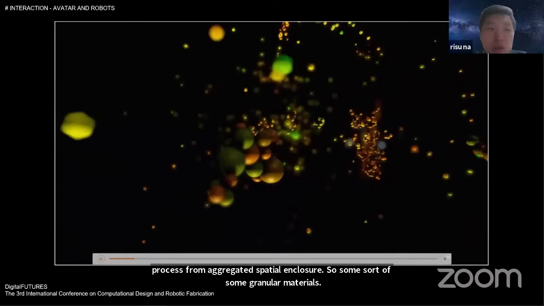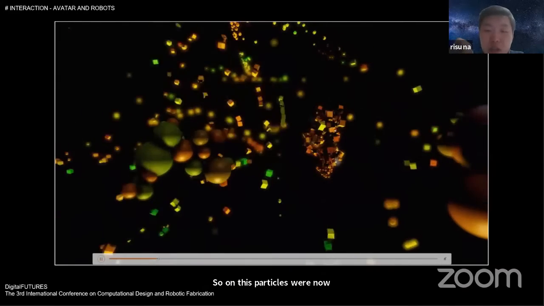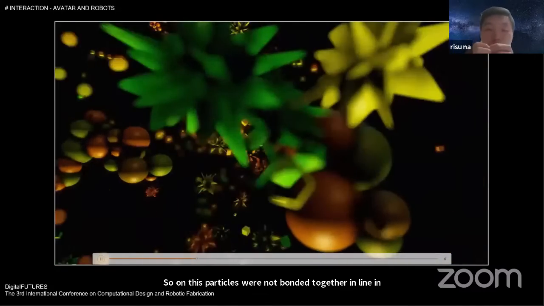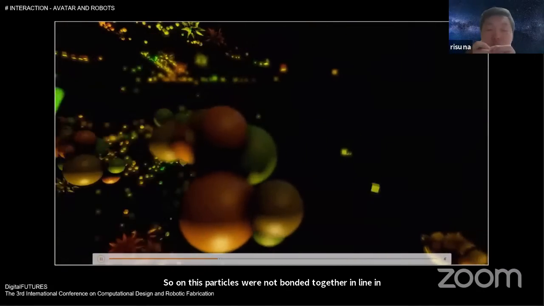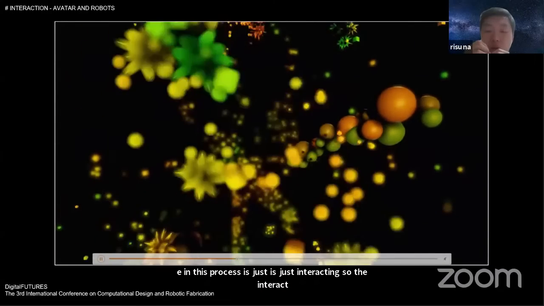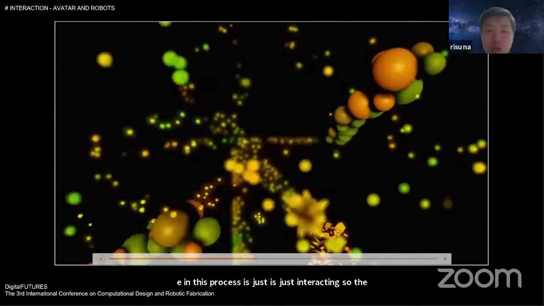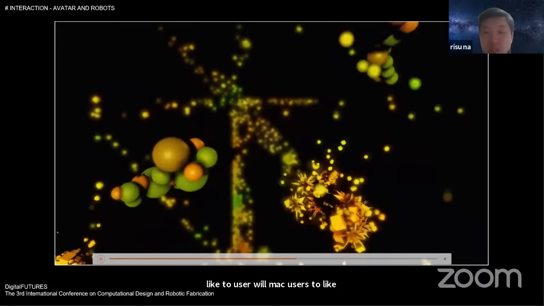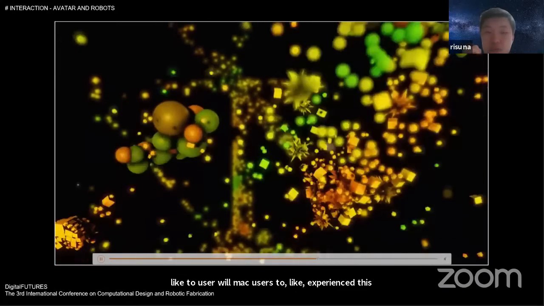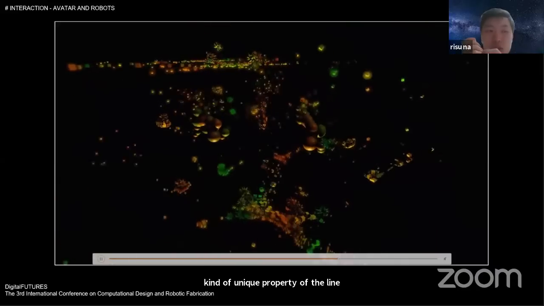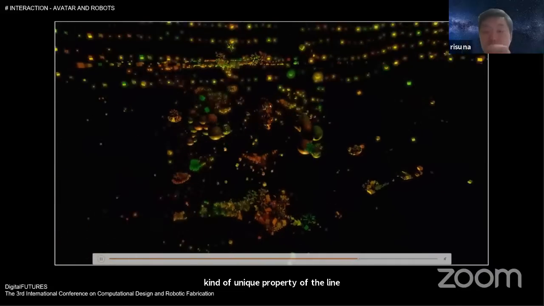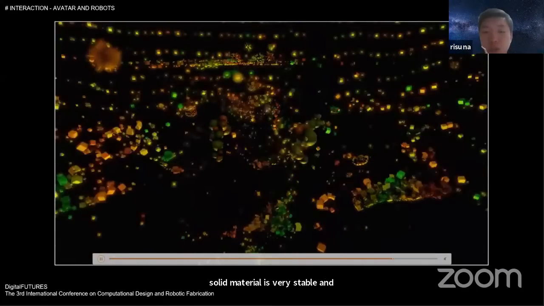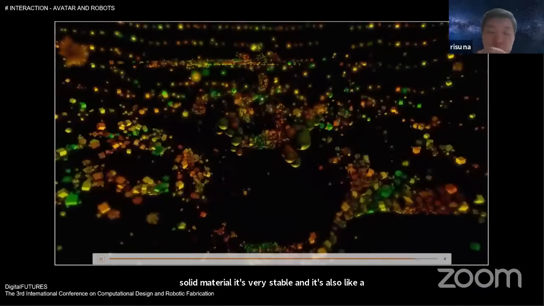These particles were not bonded together in this process. They just interact through the forces between them. So we would like users to experience this unique property of the material: it is very stable like a solid, and it is also reconfigurable like a fluid.